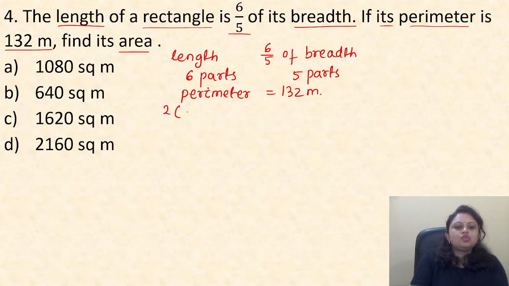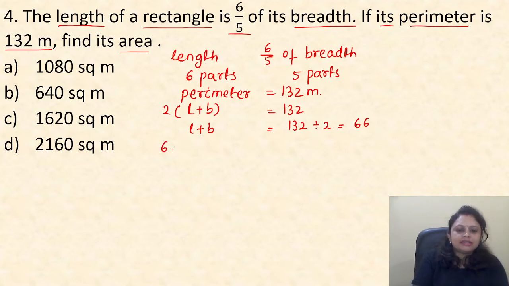That is 2 into length plus breadth, that is equal to 132 meter. So length plus breadth is equal to 132 divided by 2, so it will be 66. For length it is 6 parts, and for breadth it is 5 parts.